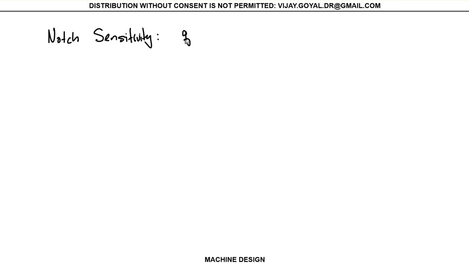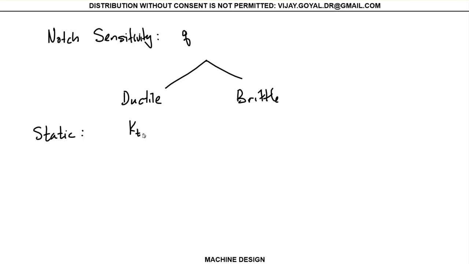Regardless if you're working with brittle materials or ductile materials, you remember when we did static loading, brittle, ductile, and brittle. For static analysis, I told you to take your KTA equal to 1, KTB equal to 1, KTS equal to 1.